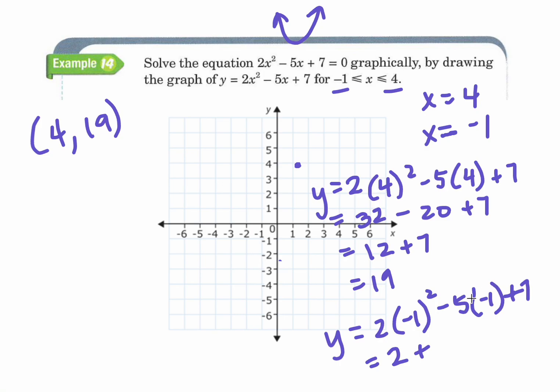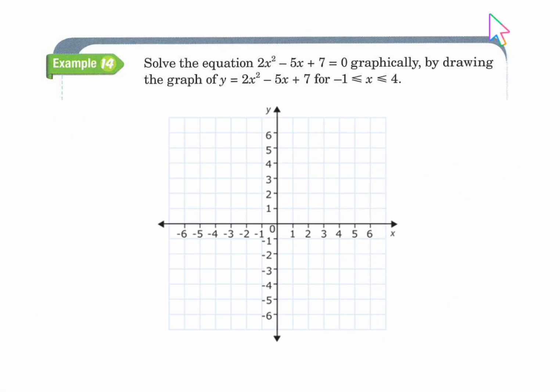Oh, sorry, plus 5, because -5 times -1 is +5, plus 7. Okay, so this is really 7 plus 7, which is 14. Wow, so this shoots way up. So this is all the way up there and all the way up there. Yeah. All right, it's kind of a skinnier graph then.